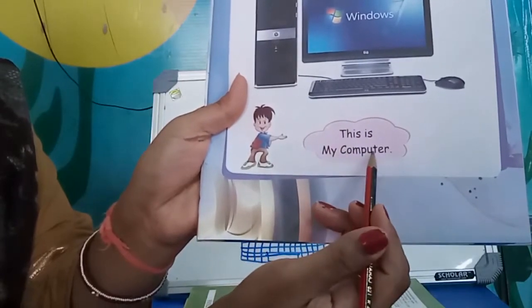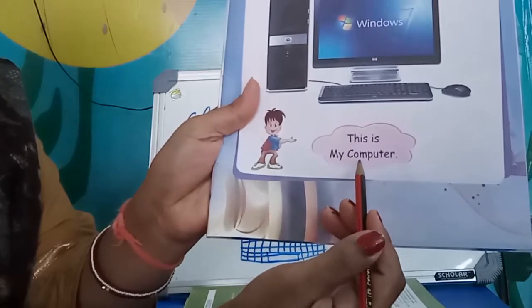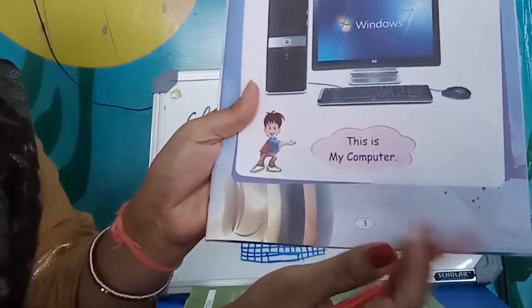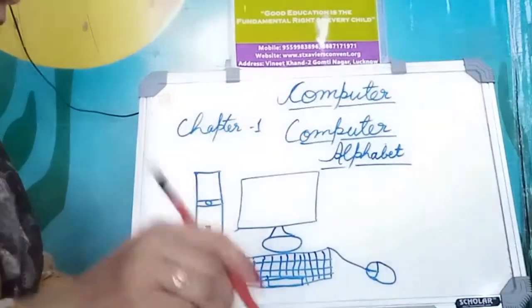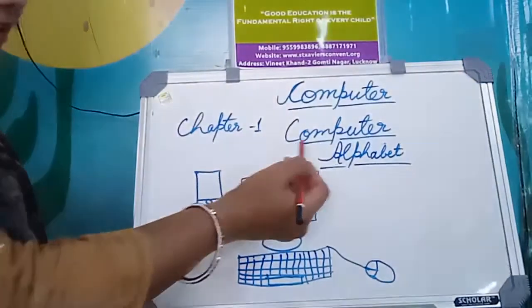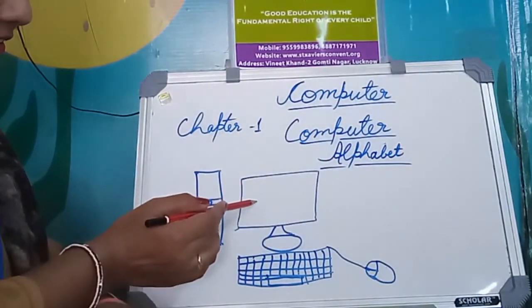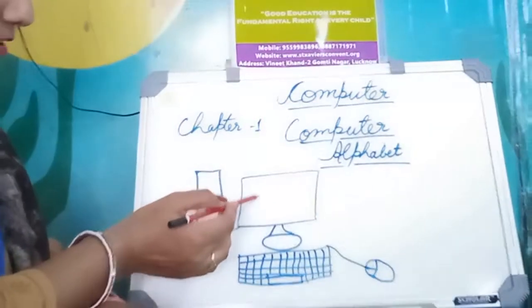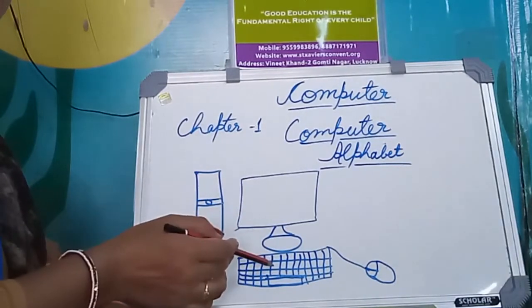So spelling of computer, C-O-M-P-U-T-E-R, computer. You can see on the board also chapter 1 computer alphabet. The screen of the computer system is called monitor. Monitor, CPU, keyboard, mouse, main parts of computer.